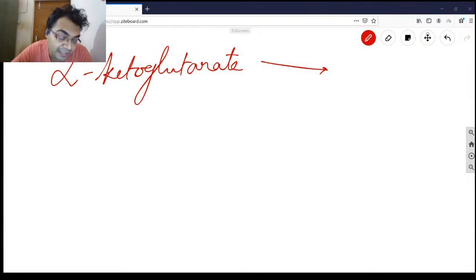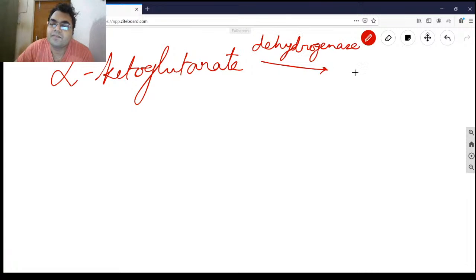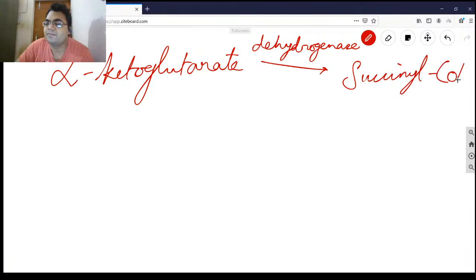That enzyme is a dehydrogenase, which goes for the redox reaction, in this case the oxidation reaction, and alpha ketoglutarate gets converted by this enzyme into succinyl coenzyme A.